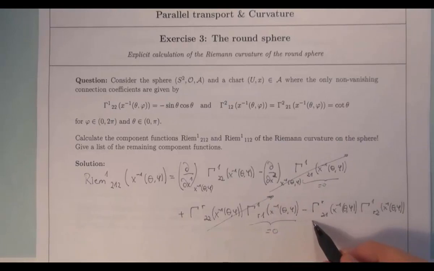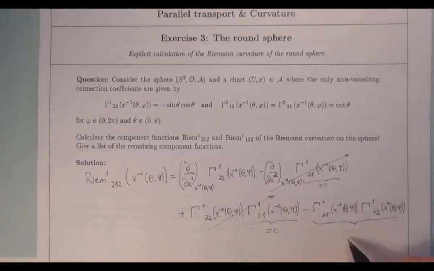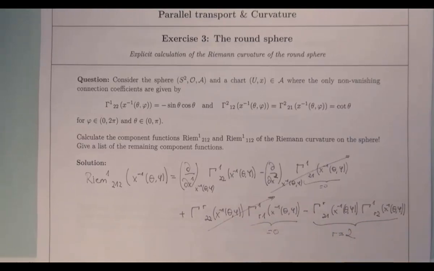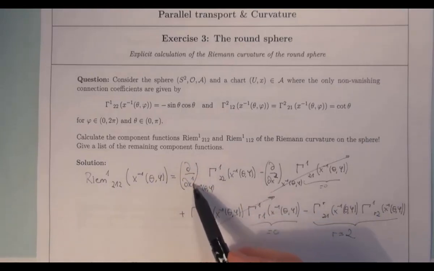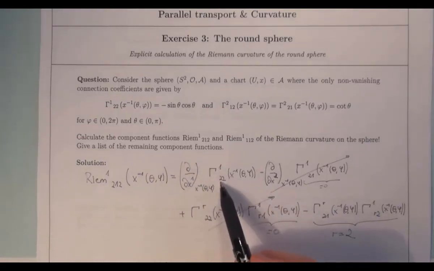And from here, the only contribution we will find is for R equals 2, as we then have gamma 2, 2, 1 and gamma 1, 2, 2, which are both non-vanishing. So we then have to evaluate what this del del x1 acting on this component function is.